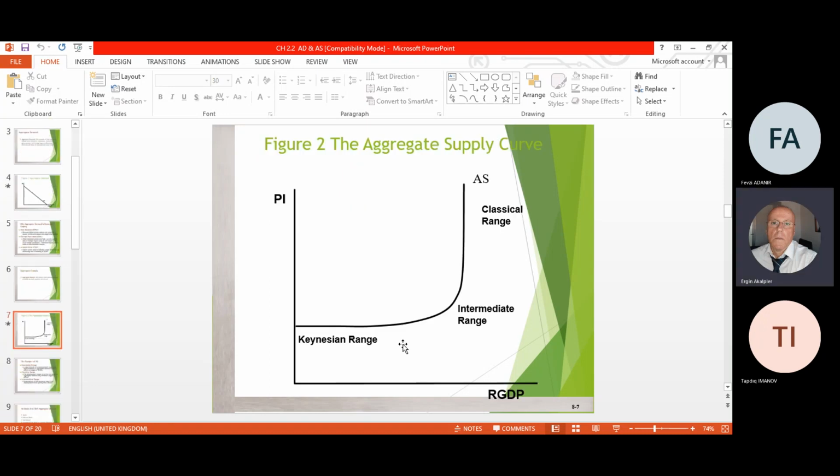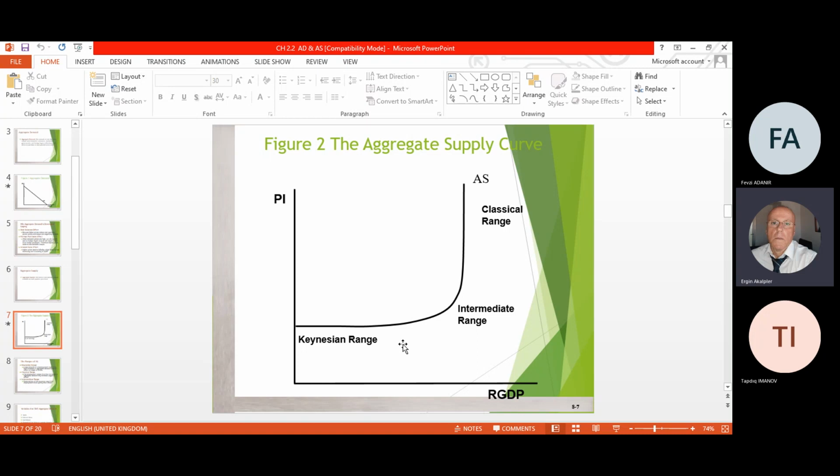We are observing here the Keynesian, classical, and intermediate ranges, which are given here. In Keynesian economics, the aggregate supply is supposed to have the price fixed somehow. In the classical, it is not affected by these changes because it is vertical.